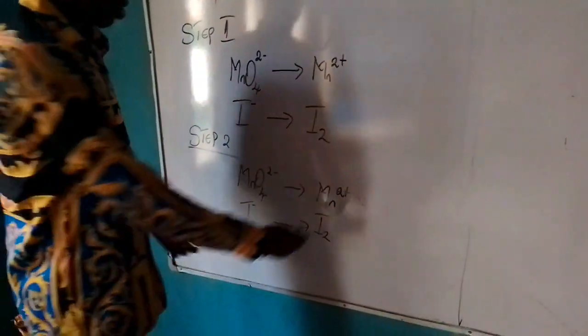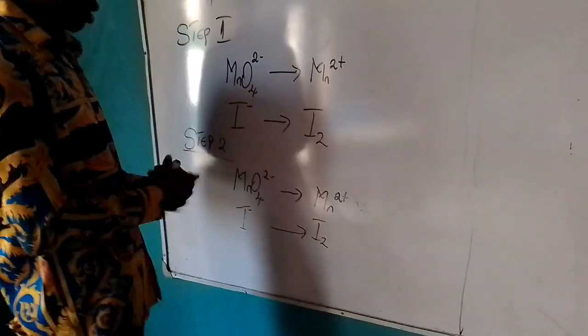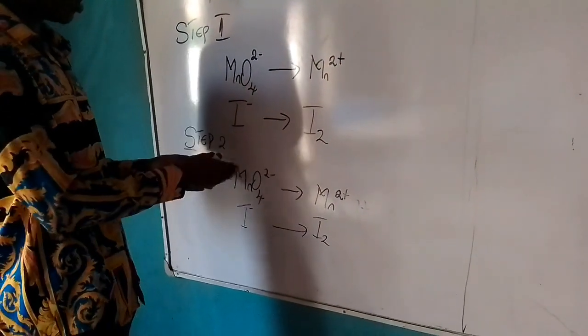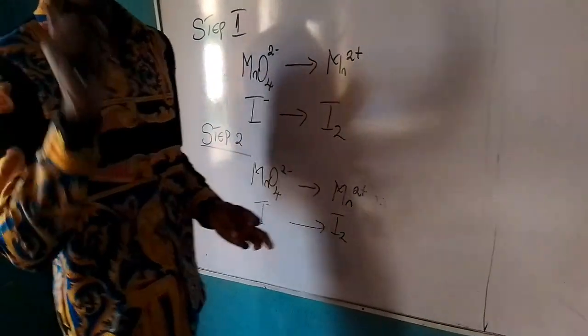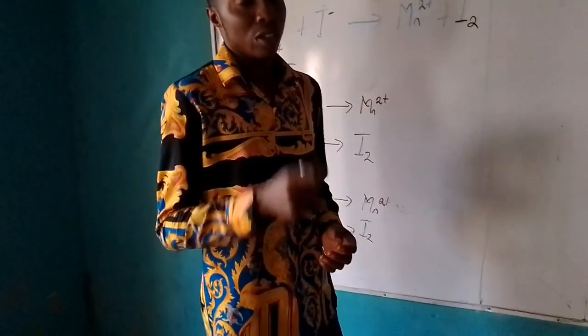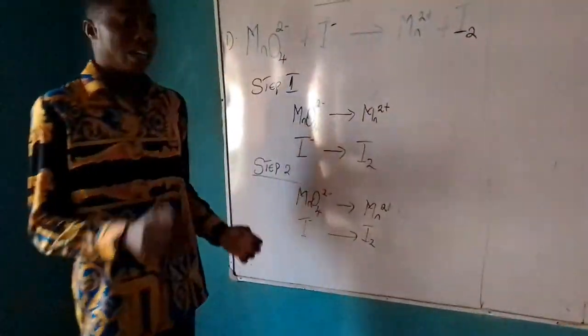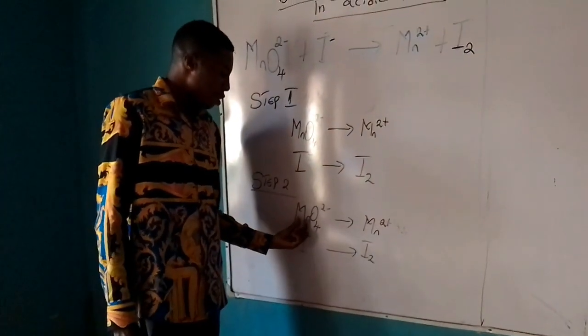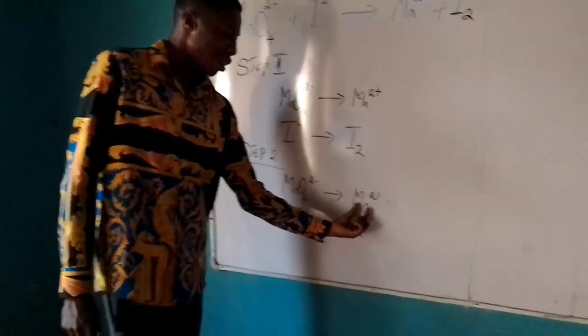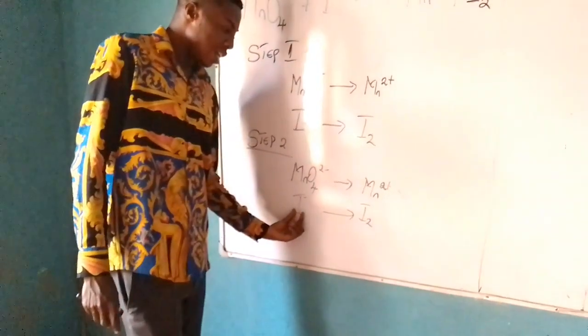Just 1. How many atoms of manganese are here? 1. So it is balanced. So in step 2, you are going to balance all elements apart from oxygen and hydrogen. Do you hear what I say? Apart from oxygen and hydrogen. So we are balancing other elements. Manganese here is 1, manganese here is 1.